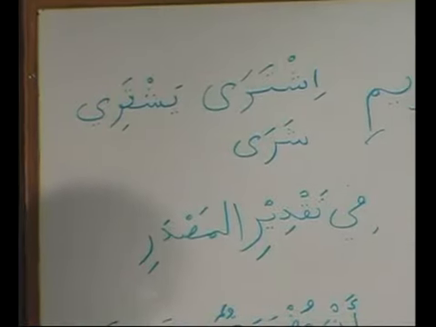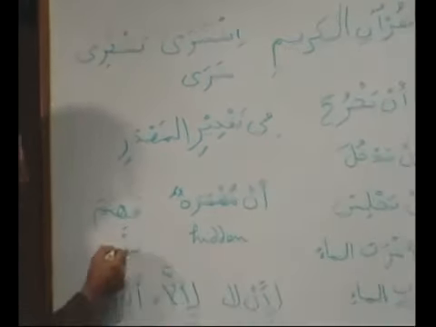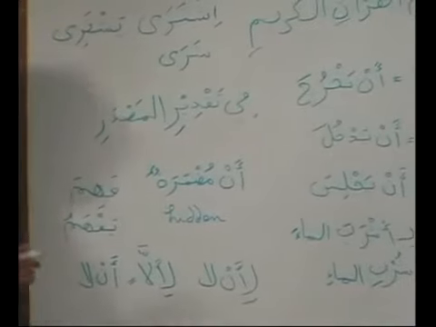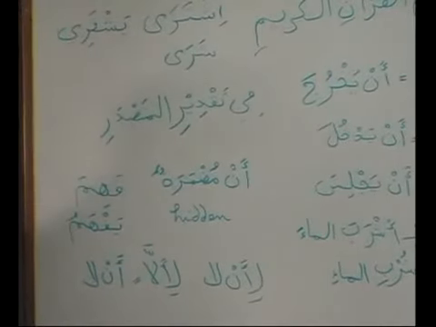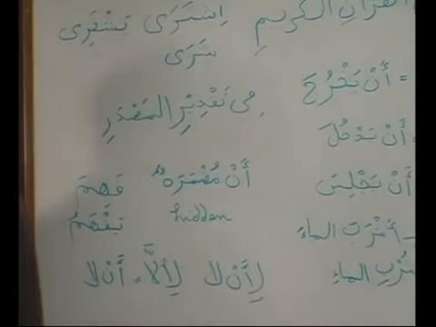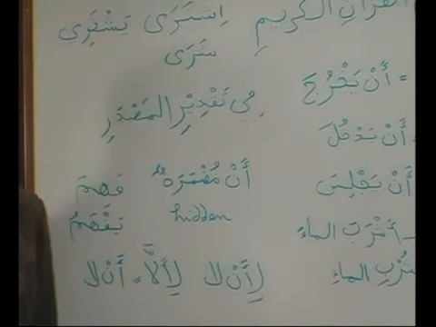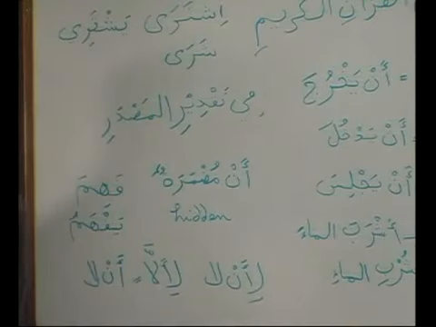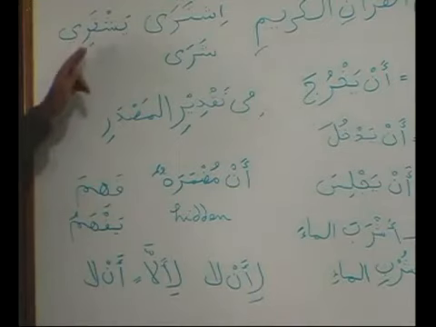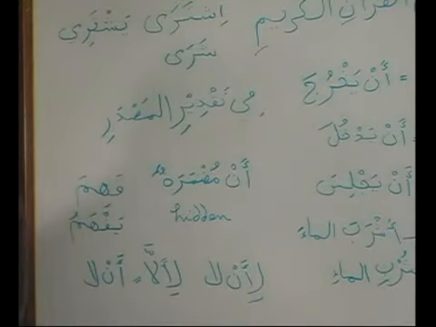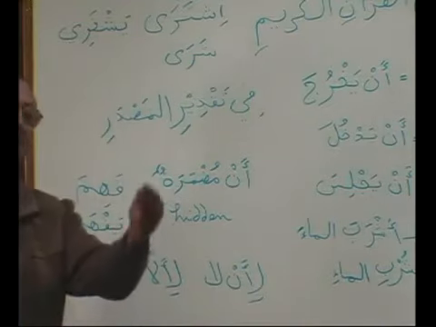Okay, watch this carefully. Now again, this is not something we are learning now, brothers and sisters. I'm only explaining to you. It will come in detail later on. At the end of book 2, I will be explaining all of them in detail. Okay, brother. Yafhamu, describe yafhamu. Fi'lun, mudari'un, marfu'un, bidamma. What about yashtari? Fi'lun, mudari'un, marfu'un, fi dammatul muqaddara.